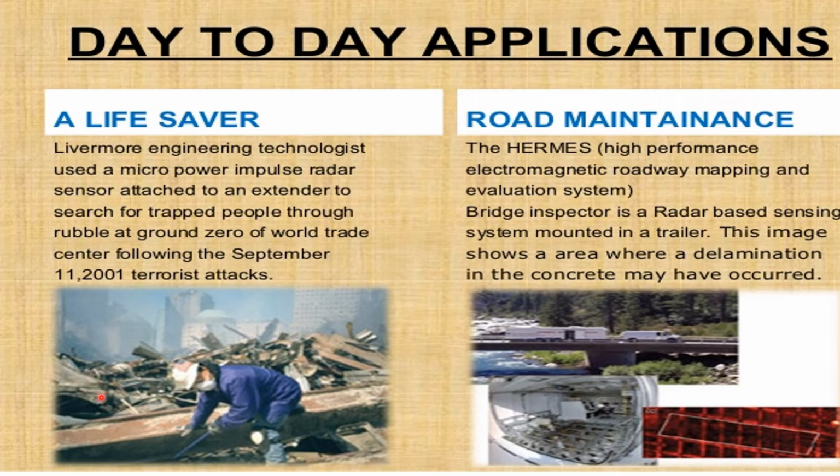In America, a terrorist attack called 9/11 took place, and the World Trade Center building was devastated in minutes. In that building, a lot of people were there, and radars help to detect where the people are actually lying.